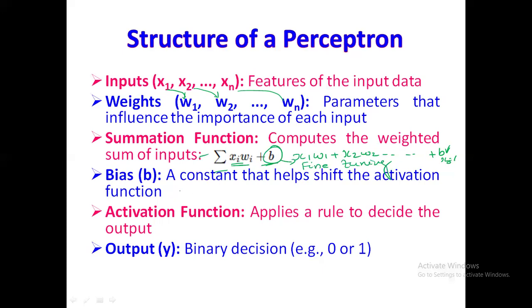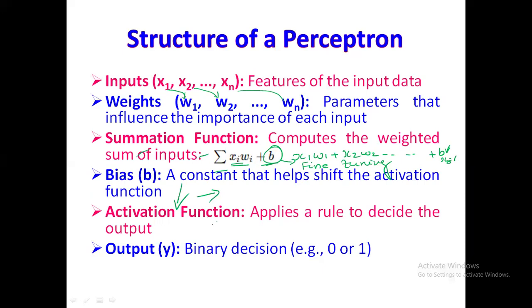So the weighted sum is passed through the activation function, usually a step function. In the simple perceptron, the step function is used, which decides whether a neuron should activate or not based on the threshold.